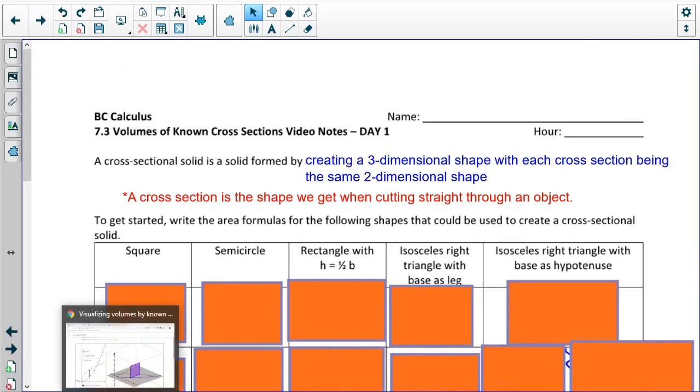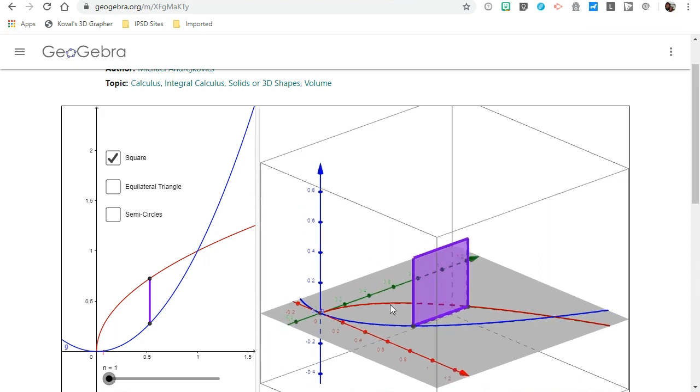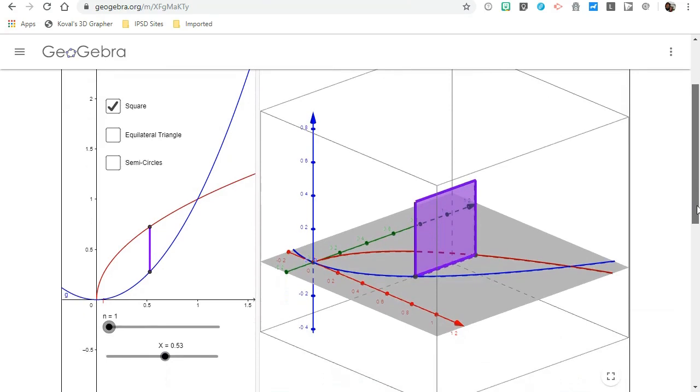So as we are looking at this, for example, let's take a look at these two curves. So we have the red curve and the blue curve down here. If we want to make a cross-sectional solid of all squares, this is just one example of a square.